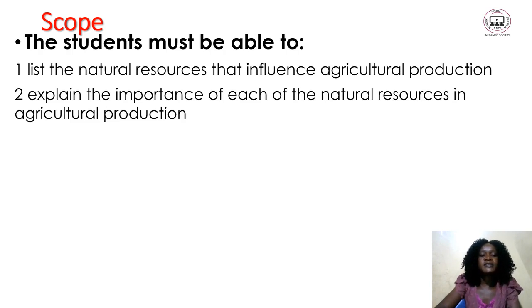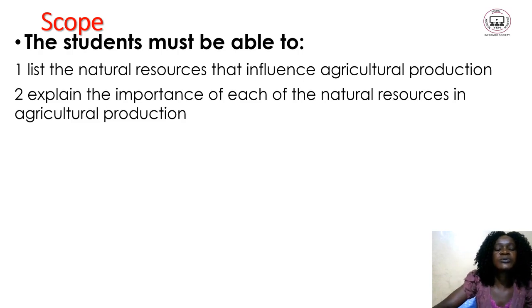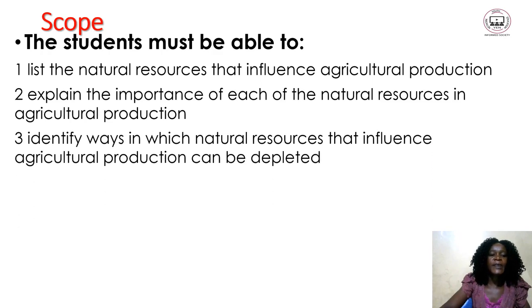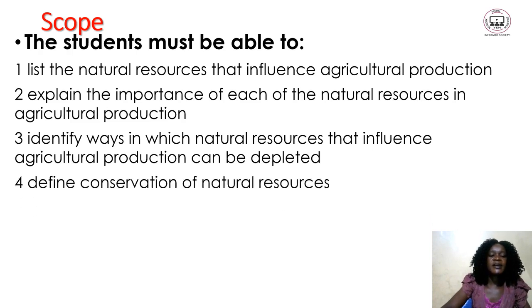Item number 2 is explaining the importance of each and every natural resource in agricultural production. Apart from that, we're also going to identify ways in which natural resources that influence agricultural production can be depleted. Another item is the definition of conservation of natural resources.